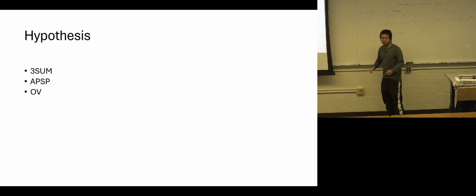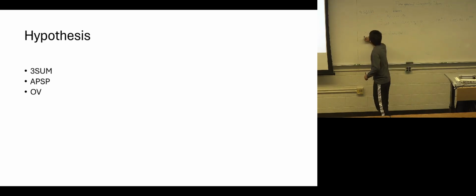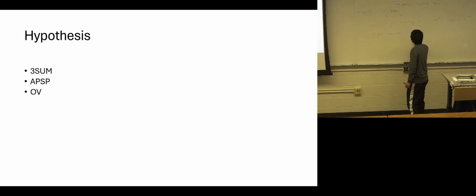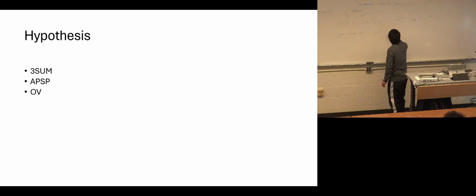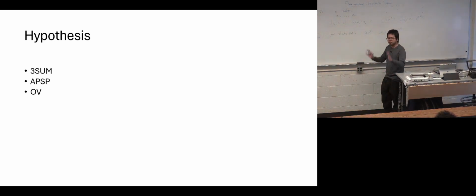You have a graph and you want to compute the distance between every pair. It turns out the fastest algorithm is n cubed, and the conjecture is that you cannot improve n cubed. The same scenario happens: if you assume this, it implies many other things are hard too.